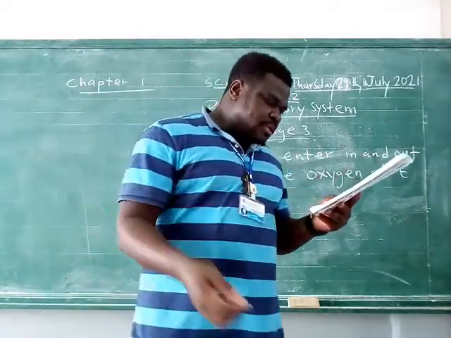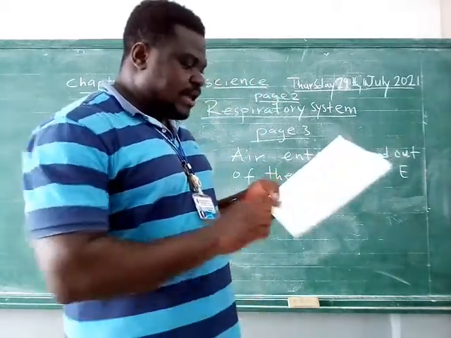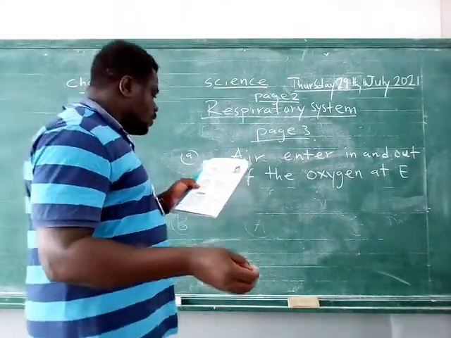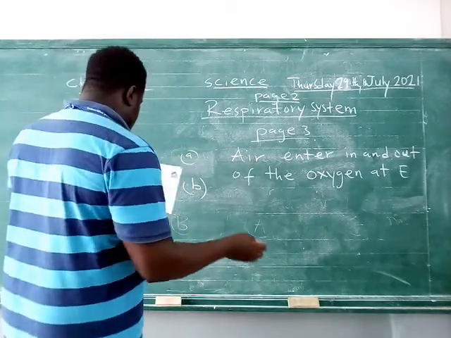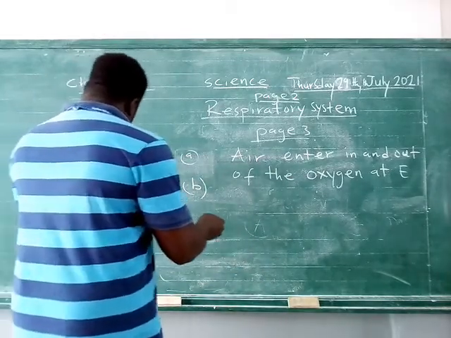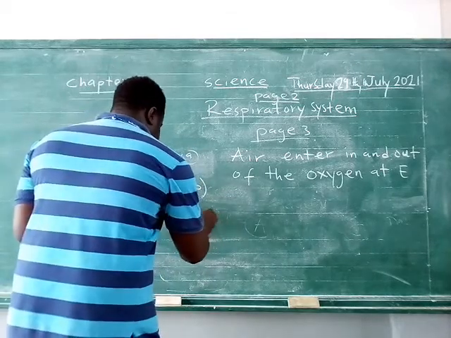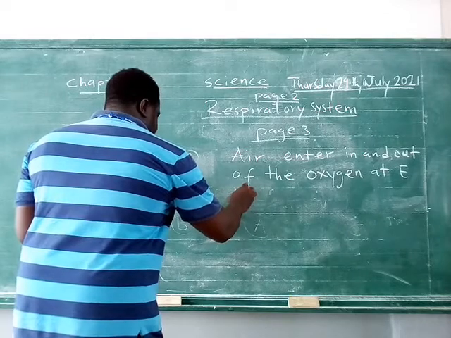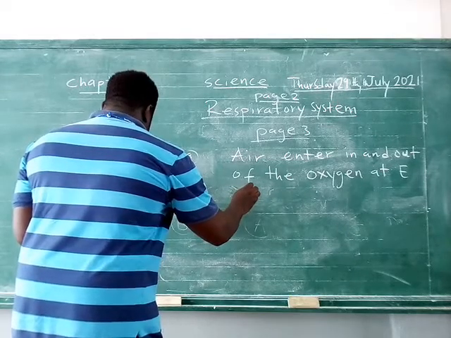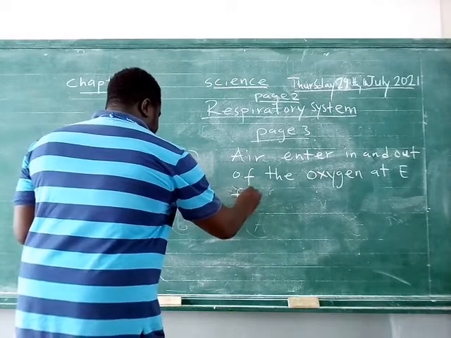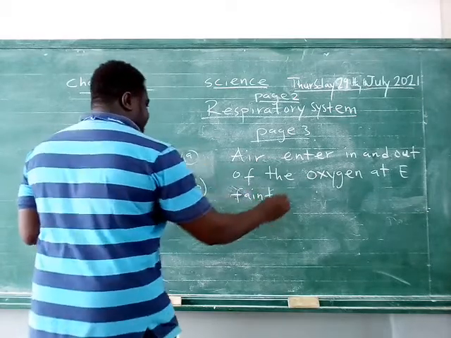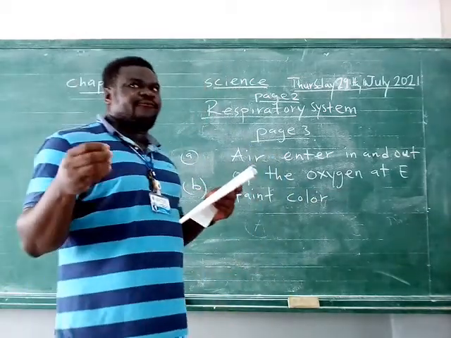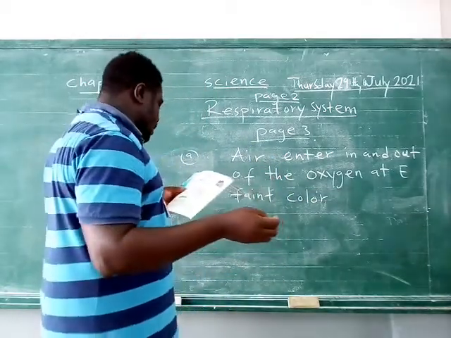Color of the red blood cell. F is a faint color. It's not all that thick, it's faint. You cannot see it very well.